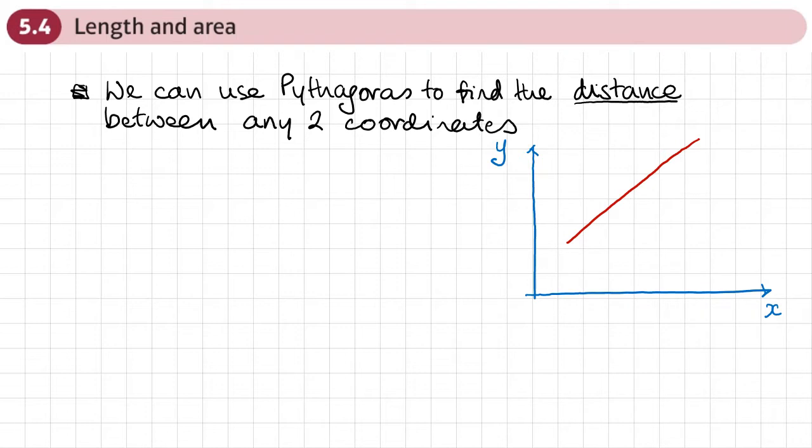Let's say I've got a line like this between 2 points, and they could be any 2 points. Let's call them x1, y1, and the other point x2, y2. I can think of this as the hypotenuse to this triangle here.